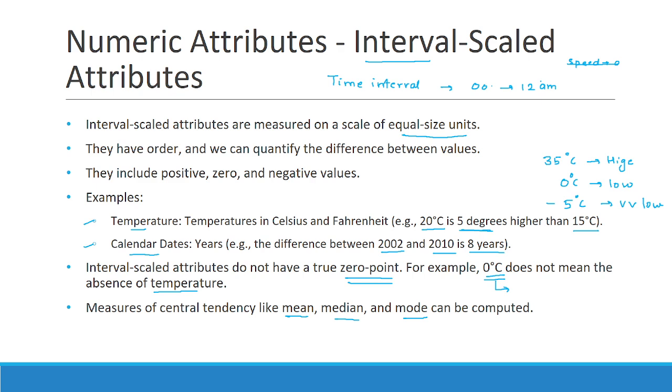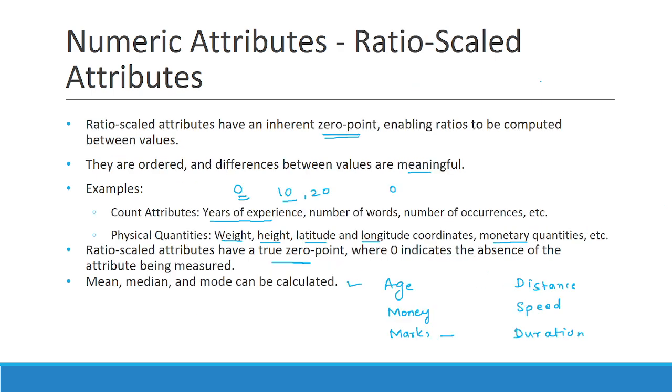Okay, fine. So today we have seen types of attributes. We'll just summarize these types of attributes. How many types of attributes have we seen? Four types, ma'am. First type is nominal attribute.